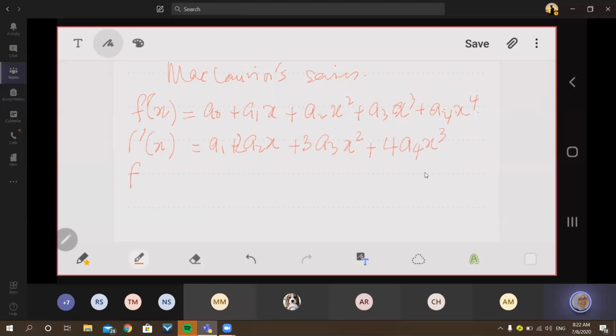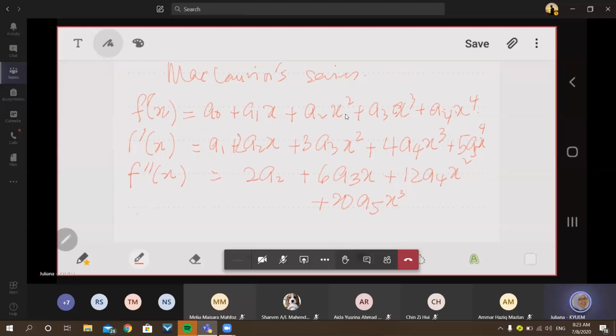If we differentiate another time, we get 2a2 plus 6a3x plus, if we were to have another one here, 5a5x to the 4, so we get 5 times 4, which is 20a5x cubed.